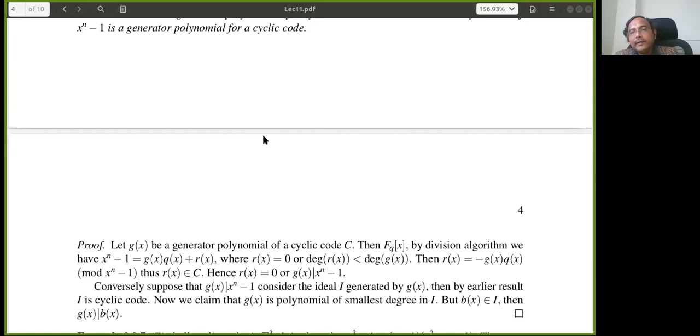Assume that it is a fact. So the number of ideals is equal to the number of divisors of x power n minus 1. As the divisor changes, the generator polynomial changes, so I get different cyclic codes. So the number of cyclic codes is equal to the number of divisors of x power n minus 1. Each divisor of x power n minus 1 will give one generator polynomial.